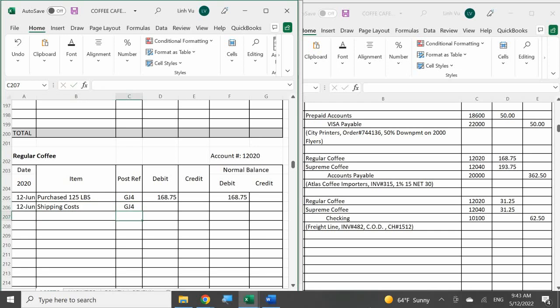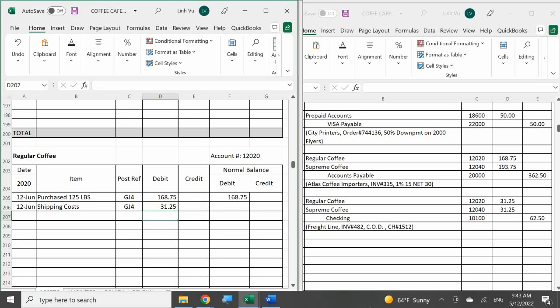Still on page 4. And that increased our inventory by $31.25 because again, we're gonna make the customers pay for it, not us. We don't pay for this shipping separately. We're just gonna include it in the cost of the coffee.